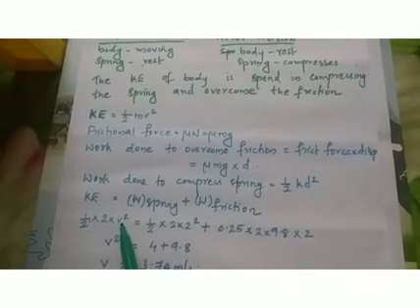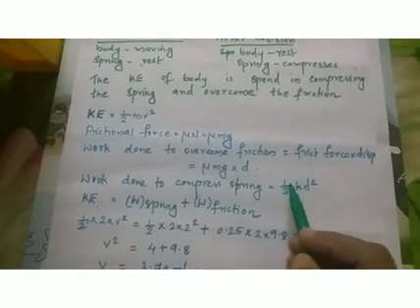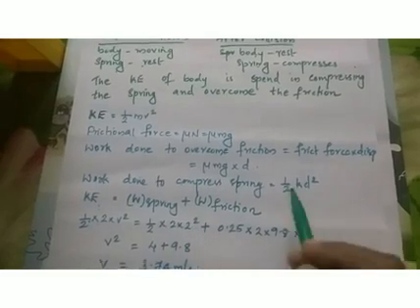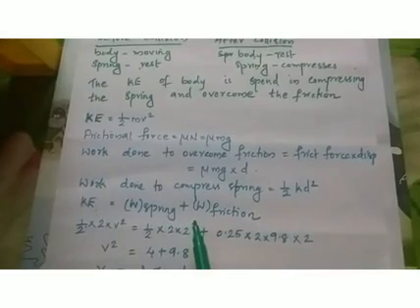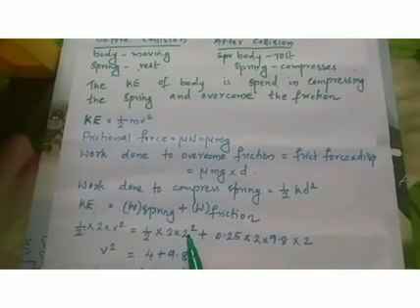So half into mass, which is 2, and v square we don't know, we need to find out this velocity, equals the work done to compress the spring, half k d square. So half into the value of k given in the question, which is 2, into the displacement, or the distance through which compression has occurred, also given in the question as 2.